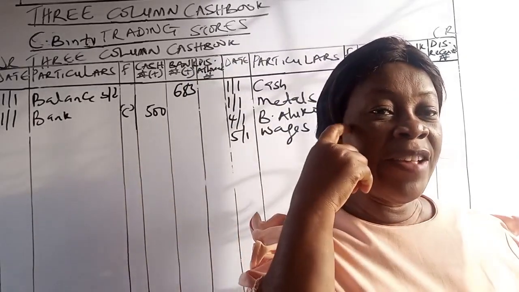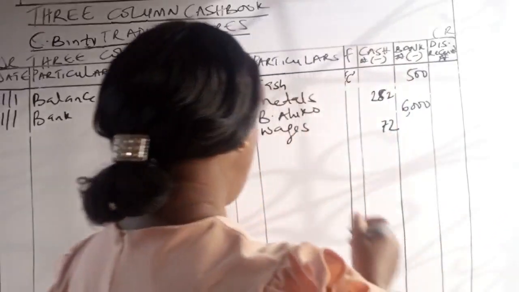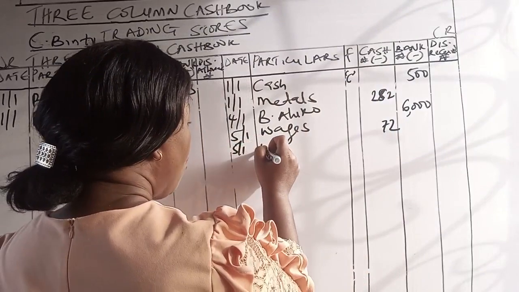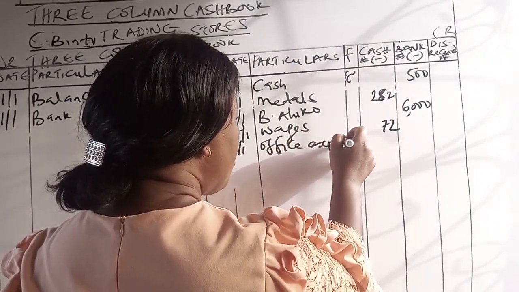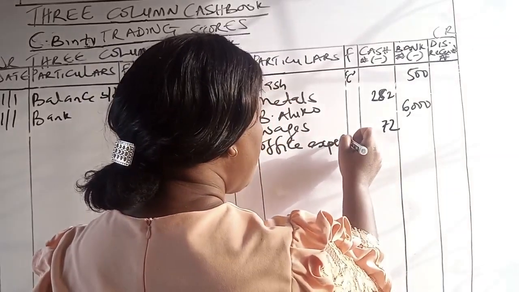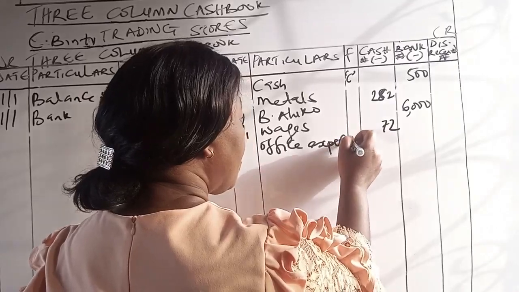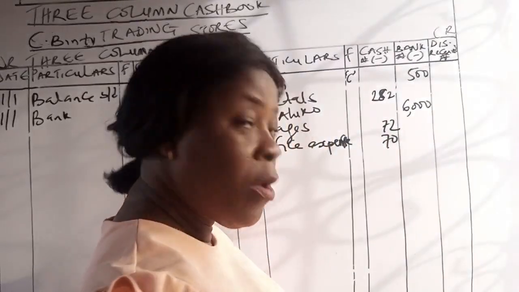Then for office expenses on that same day, 70 naira. So for 70 naira cash, the money was spent for office expenses, so it will be written in the column for cash.